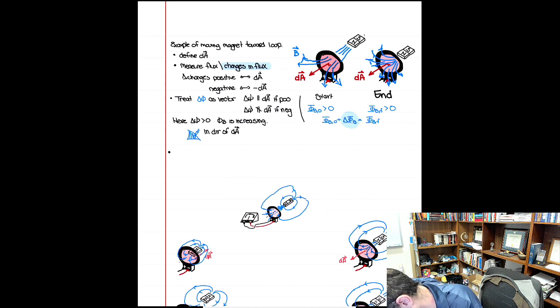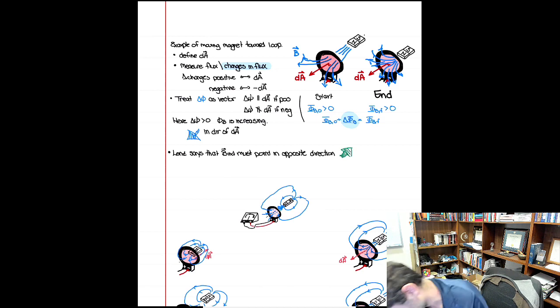Then Lenz's law, or then Lenz says that the induced magnetic field must point in the opposite direction. So we've been using green, so I'm just going to draw this green arrow in the opposite direction.